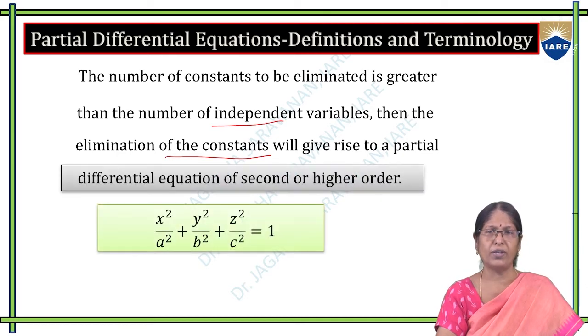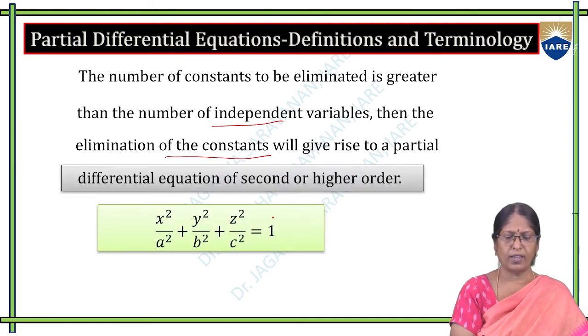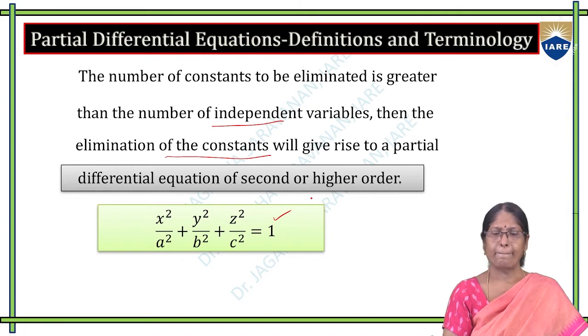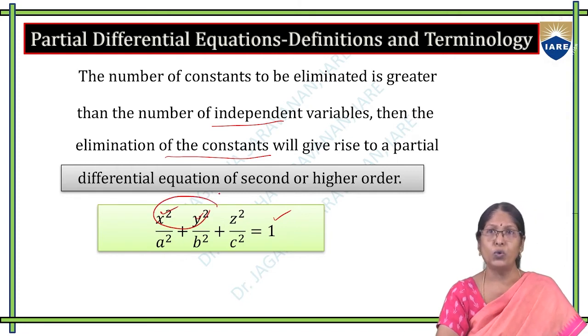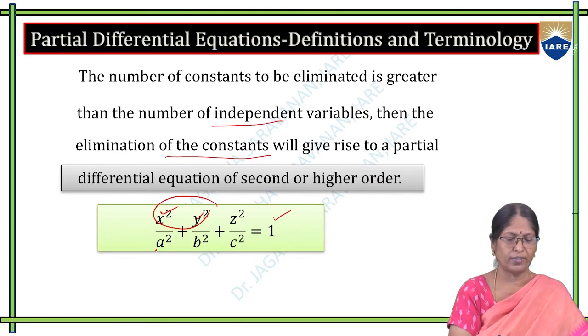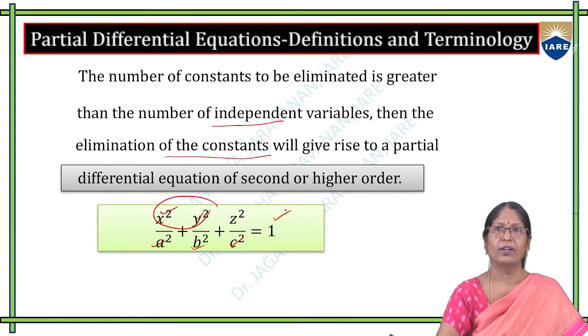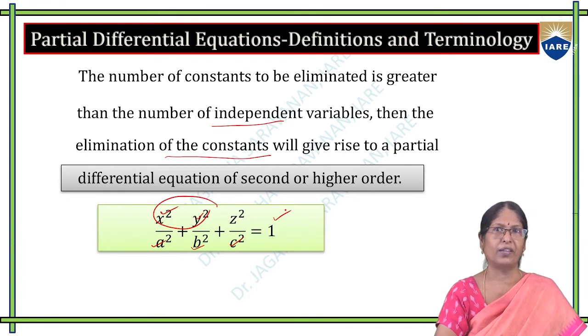So we can see it here: x, y, two independent variables, whereas a, b, c, three constants are there. So to eliminate three constants, we have only two independent variables.